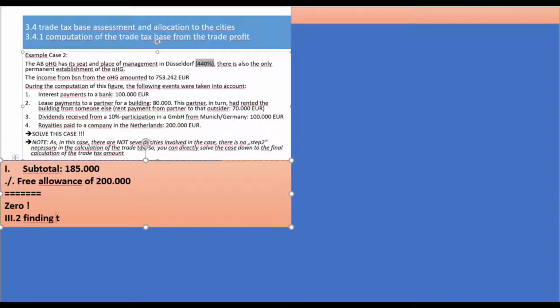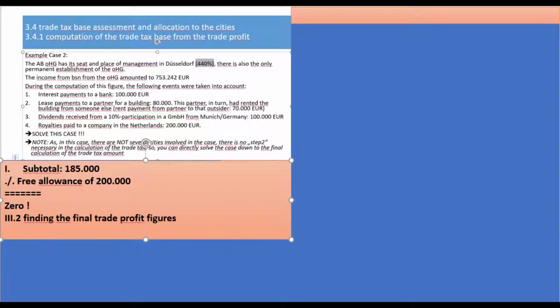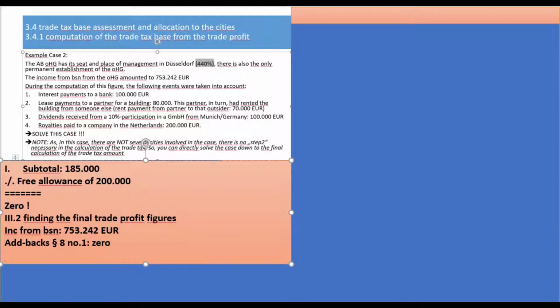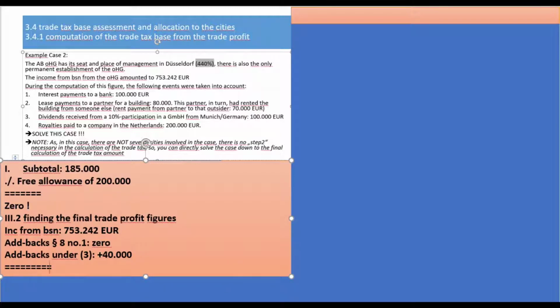So finding the final trade profit figures. So adding up the rest now. We have income from business 753,254. We have add backs, paragraph 8 number 1, 0. We have add backs under number 3, that was the dividends, plus 40,000. And there was then nothing else.